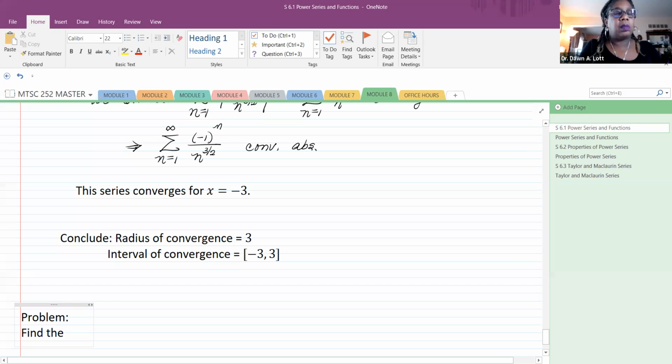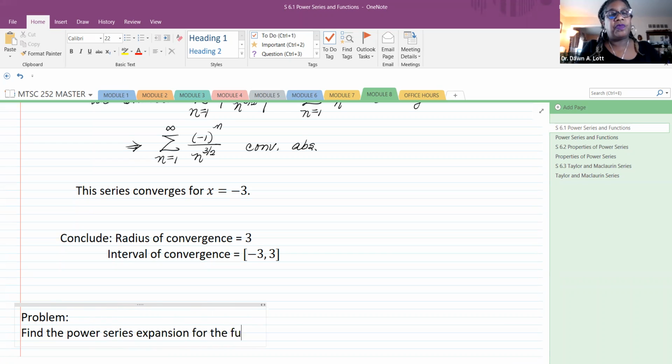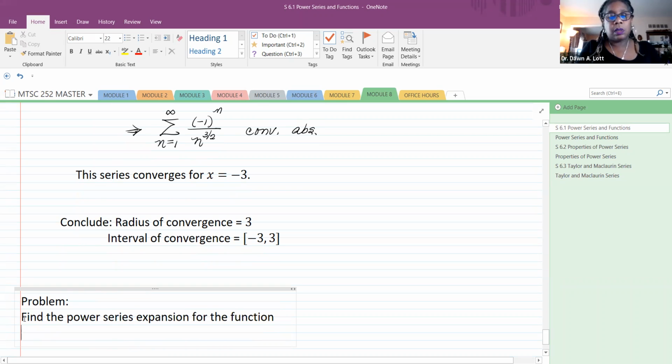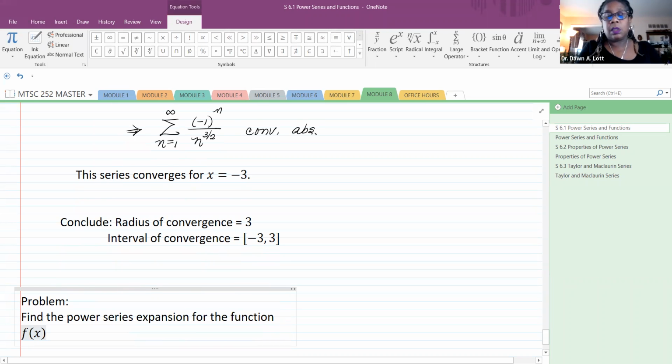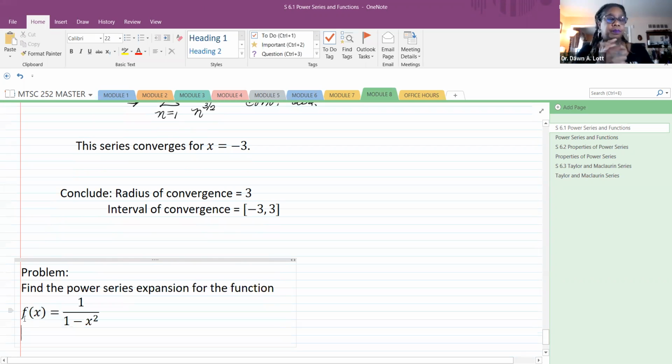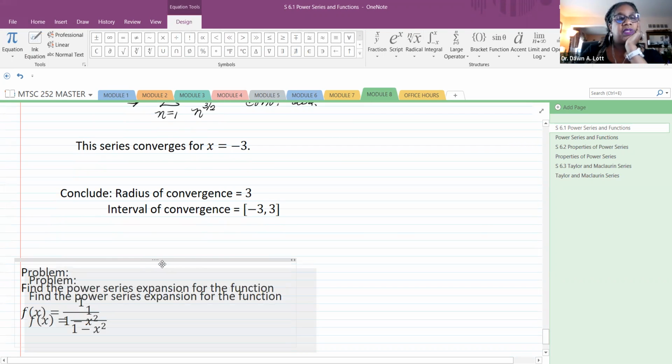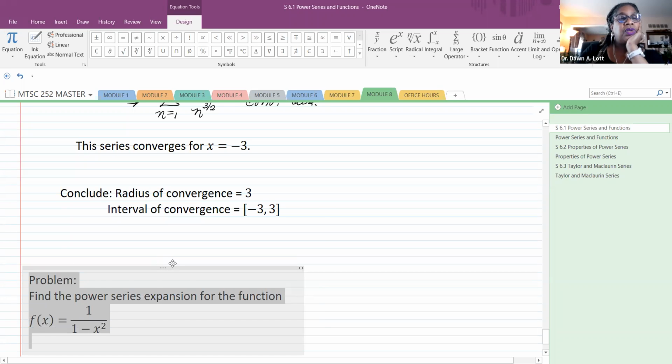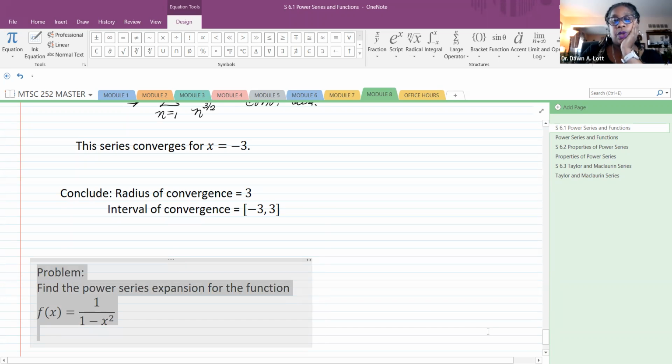Fine. So, expansion, equaling 1 over 1 plus x, 1 minus x squared. Okay. So you will be asked to find a power series expansion for something using something you already know.